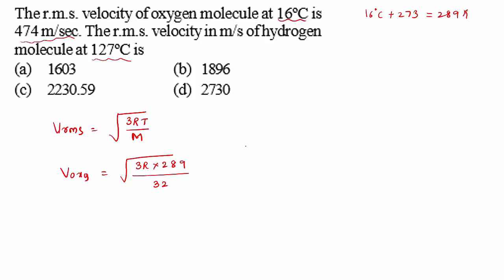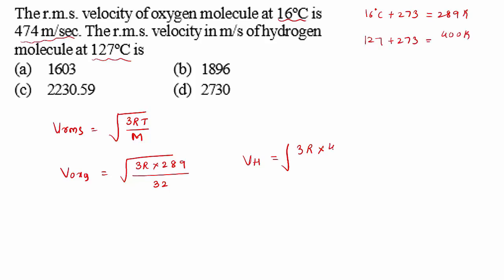Similarly, we can find it for hydrogen. So the Vrms value of hydrogen, I can write as root of 3R into. For hydrogen, the temperature is given as 127 degrees Celsius, so 127 plus 273, we will get 400 Kelvin.